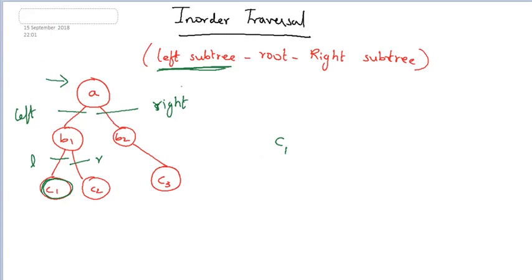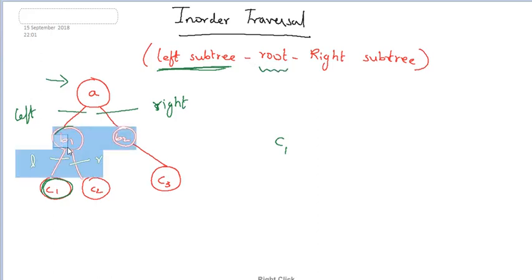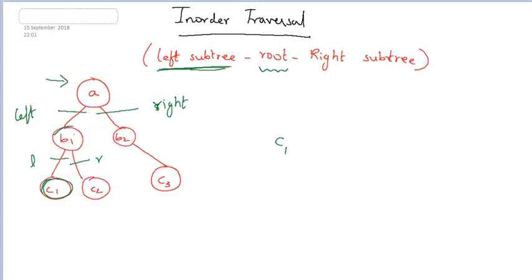Now, after the left subtree is done, I have to consider the immediate root. So if you see, C1's immediate root is B1. So if you see B1 would be the next node we would traverse.